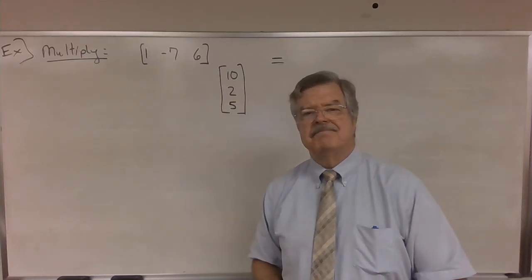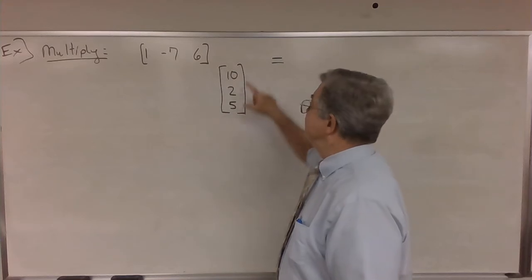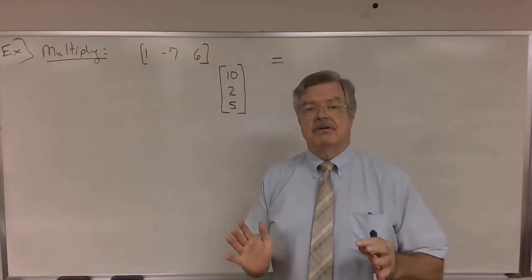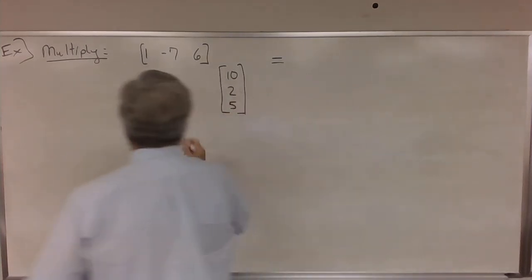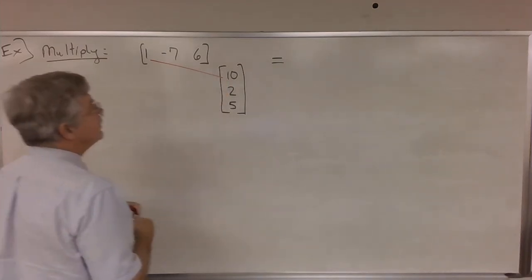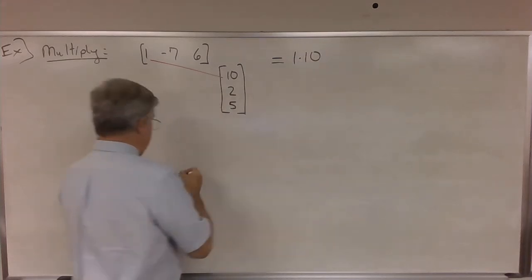Try another one. This row has 3 elements. This column has 3 elements. So we can multiply them together. And the way we do it, we take the first element of each and multiply them together. 1 times 10.